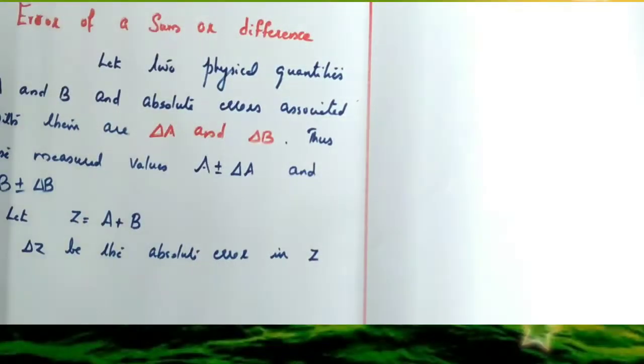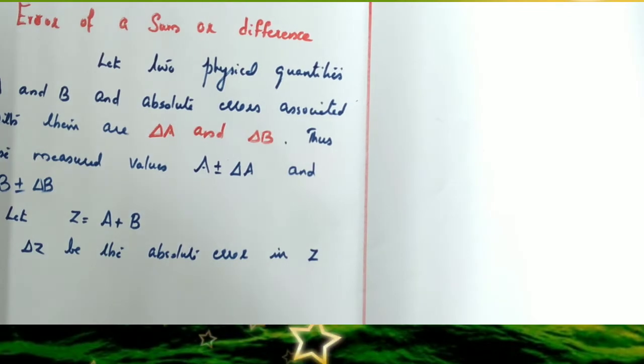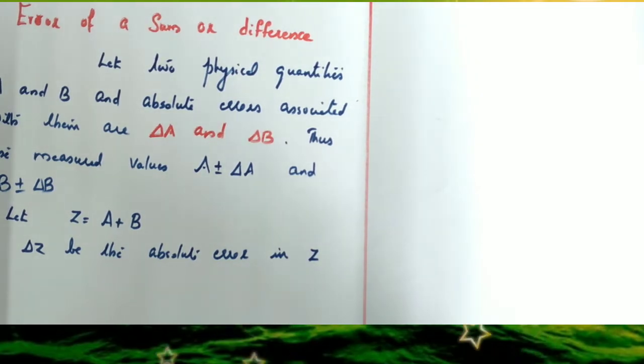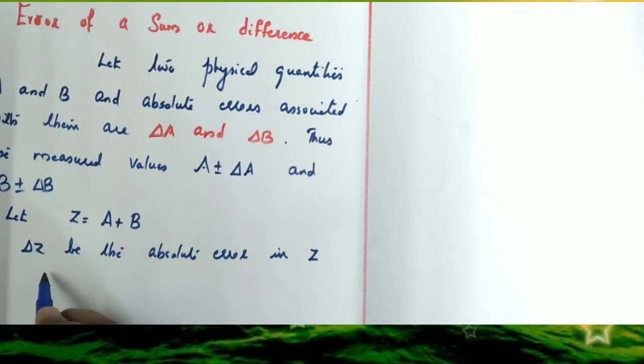First, we wish to find the sum of the two physical quantities, that is Z is equal to A plus B, and delta Z be the absolute error in the calculated value Z. Delta A is the absolute error in A, delta B is the absolute error in B. So how will you represent the absolute error in Z?